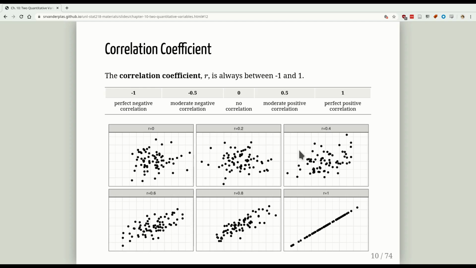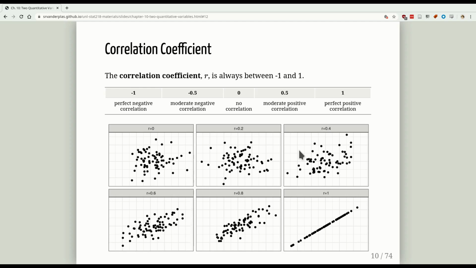So you can see R equals 0 looks more or less like that shotgun scatter that we talked about earlier. And R equals 0.2 still kind of looks like the shotgun scatter. R equals 0.4, you can start to see maybe some sort of linear trend there. R equals 0.6 is a much more coherent linear trend.